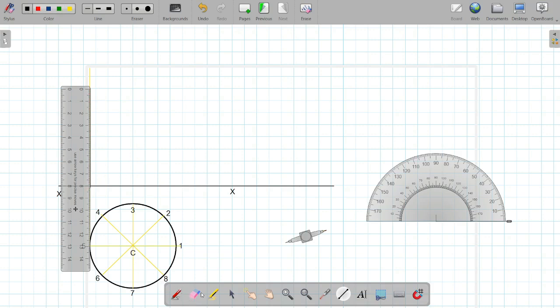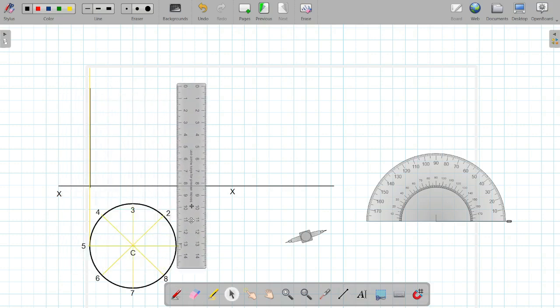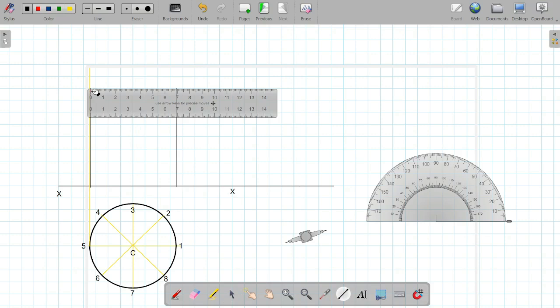Similarly, from the extreme right, we have to do the same thing. So I have marked 80 now, and I will draw a line. And then finally we'll complete the rectangle.